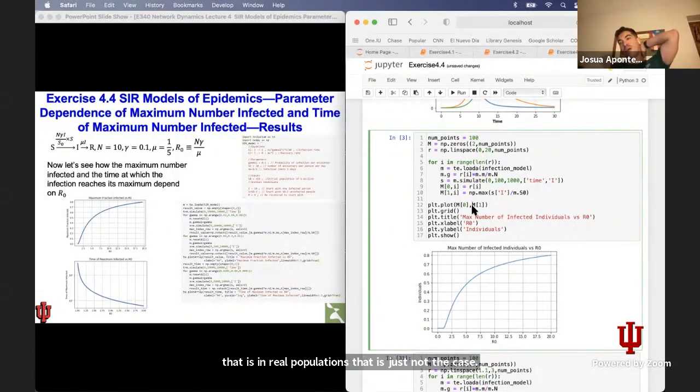So that is an important approximation that is done with this type of mathematical models, an assumption that goes into these models. It is important to keep in mind when interpreting the predictions of the models.